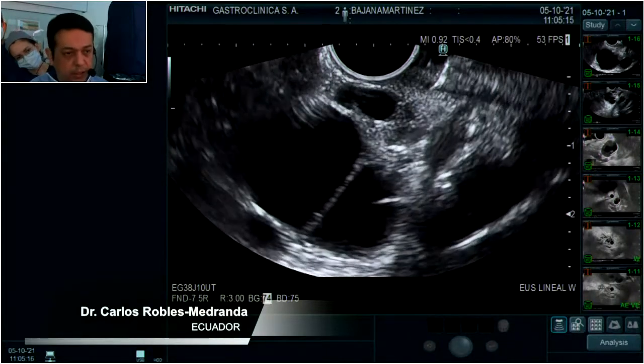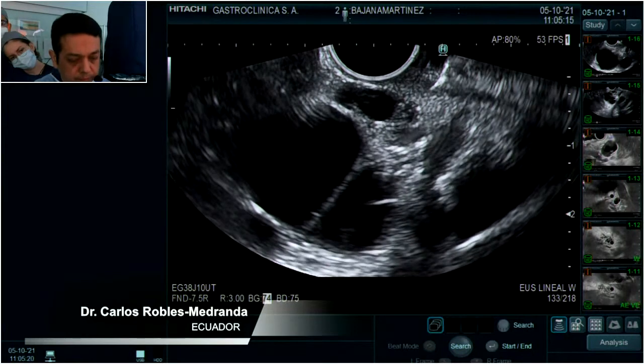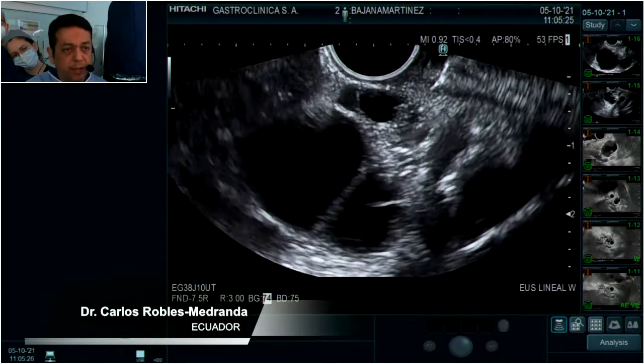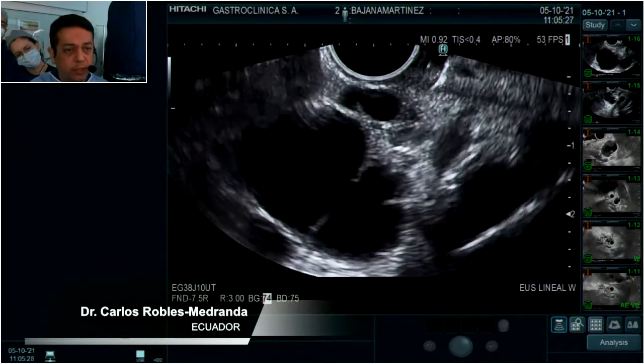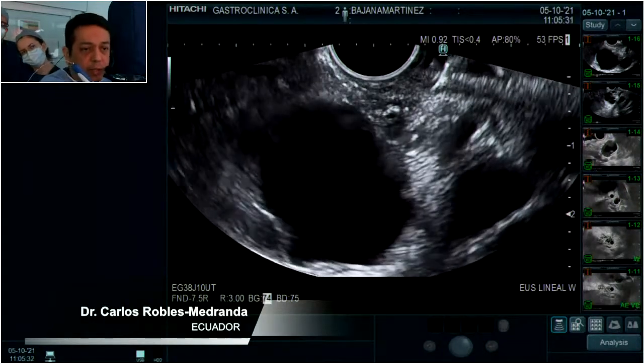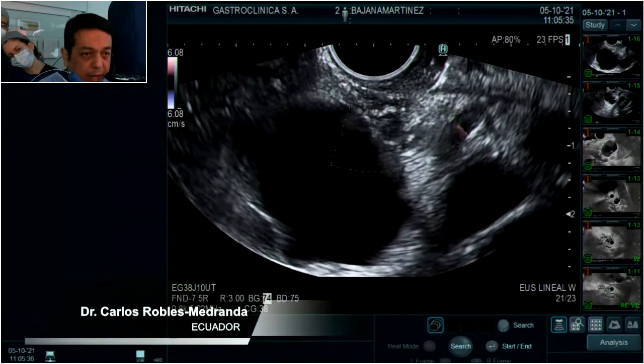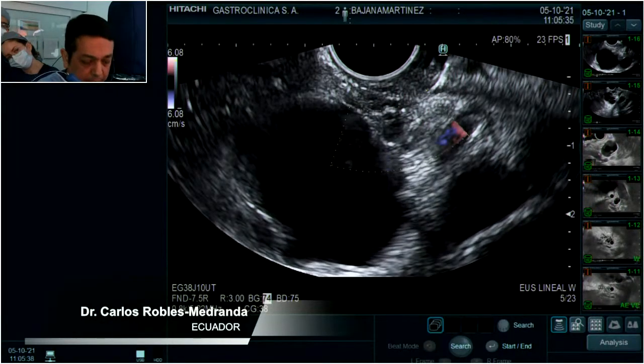We see a little bit of cloudy areas here. And the third thing that I need to evaluate during my B mode is if this lesion has communication with the main pancreatic duct. And what I see is that probably yes, because I see my main pancreatic duct here. You see here, and there is a connection here.